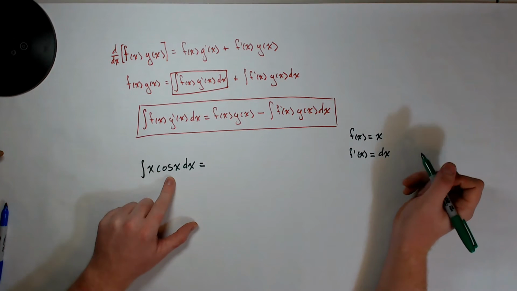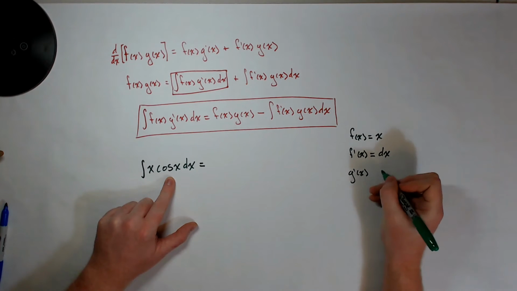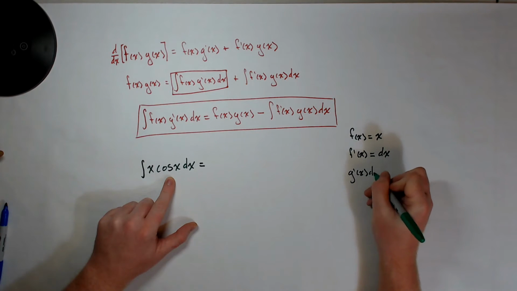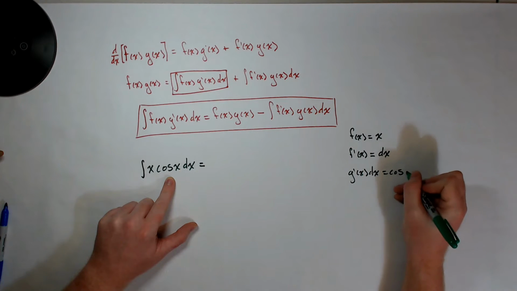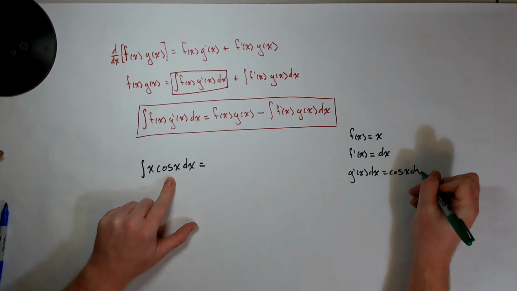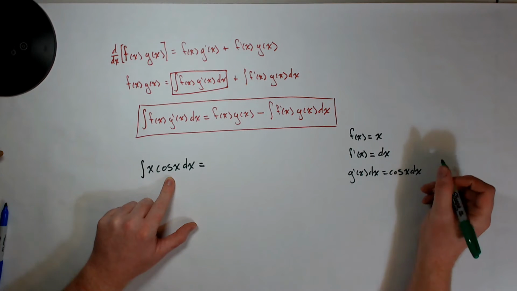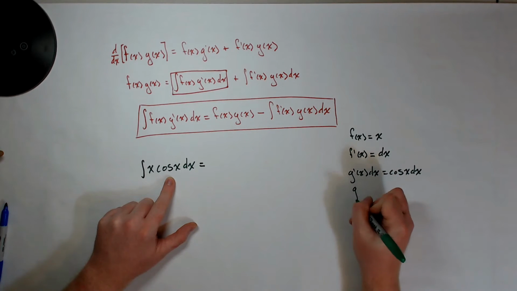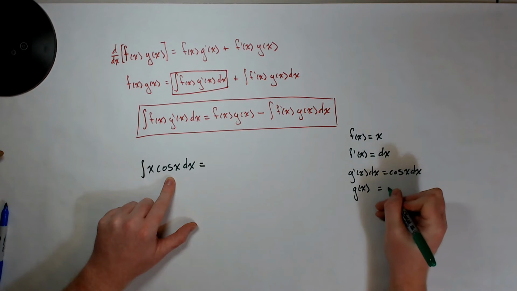Now, let's assume that g prime of x dx is equal to cosine x dx. Then to get just g of x, which is required on the right-hand side of the boxed formula, I would have to integrate. The integral of the derivative of g is just g, and the integral of cosine of x is sine x.